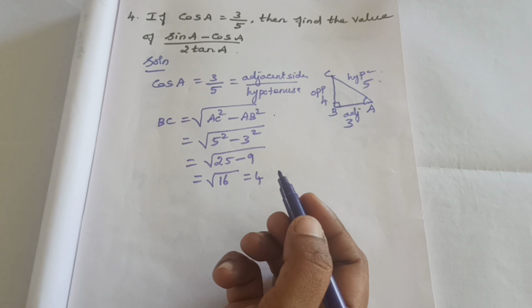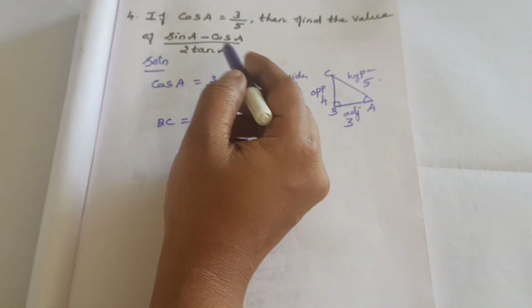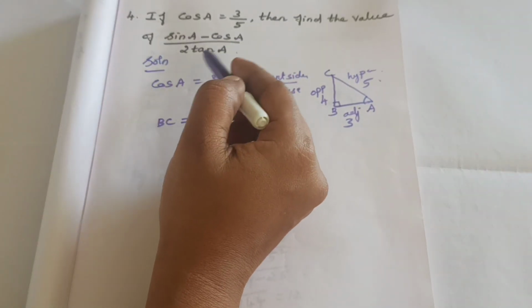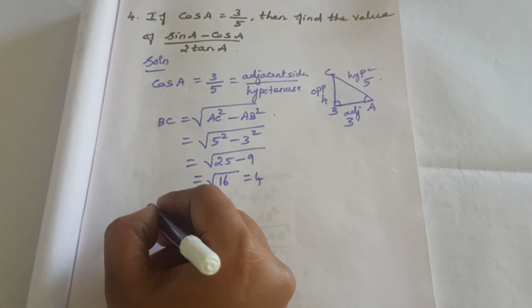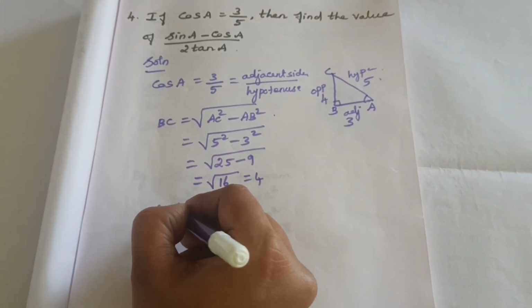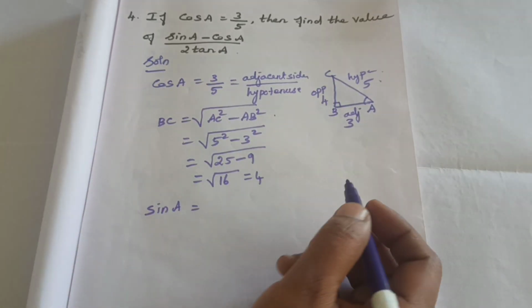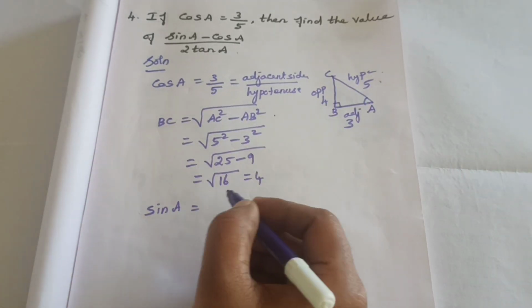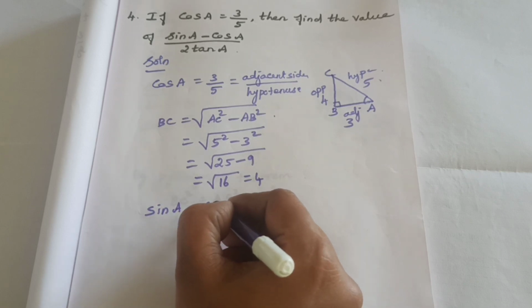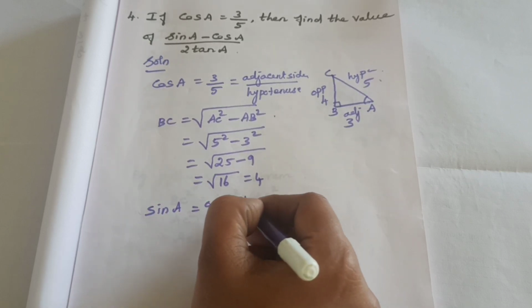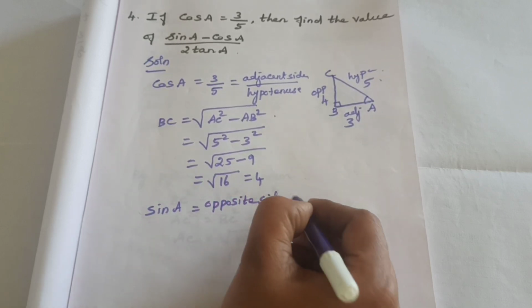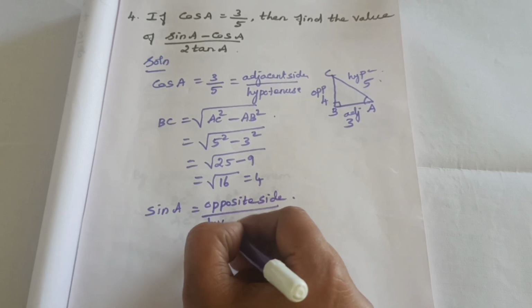Have you understood? Then here we need the sin value, cos and tan also we need, isn't it? So sin A we have to find. Sin A is equal to, what's the formula you say? Opposite side divided by hypotenuse.